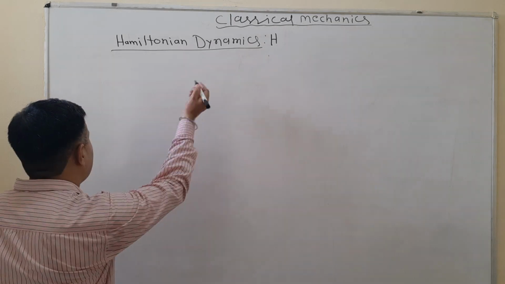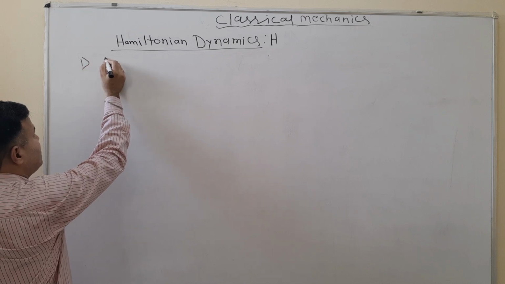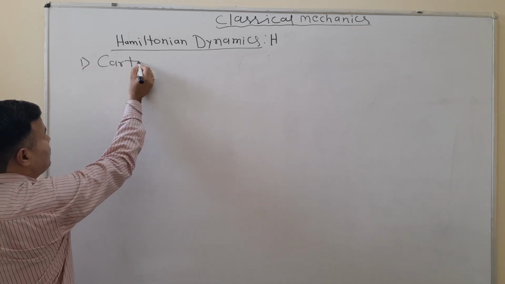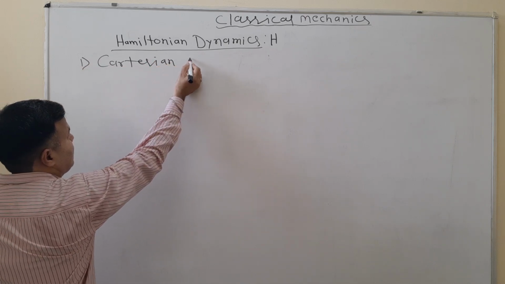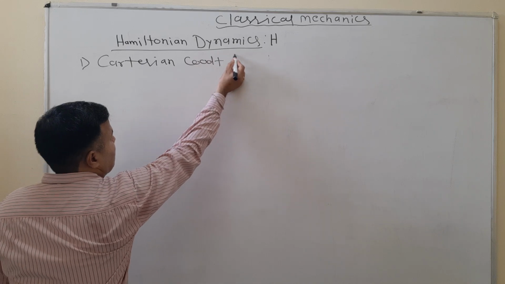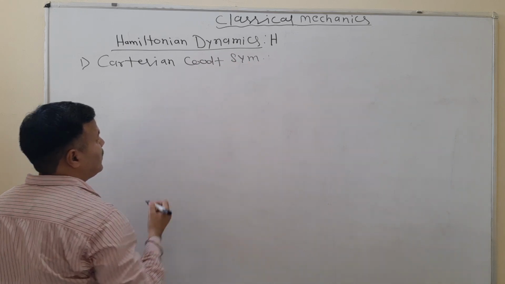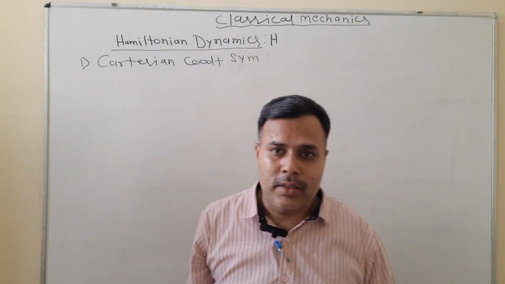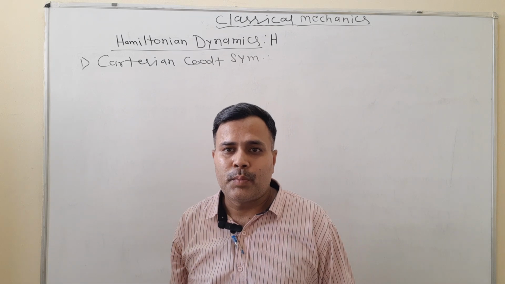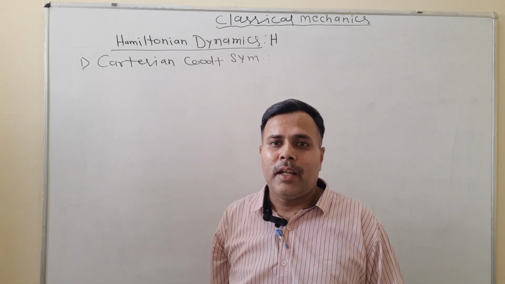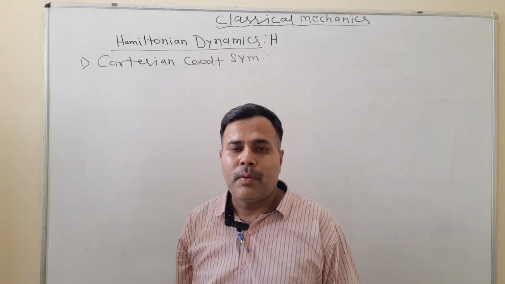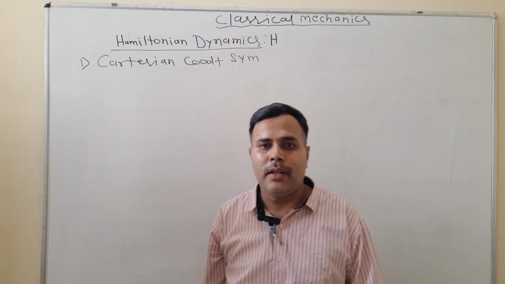Let's say we have an XYZ coordinate system. So how do we express the Hamiltonian, or for a given L how to write H?